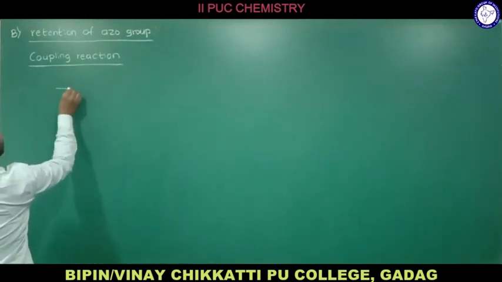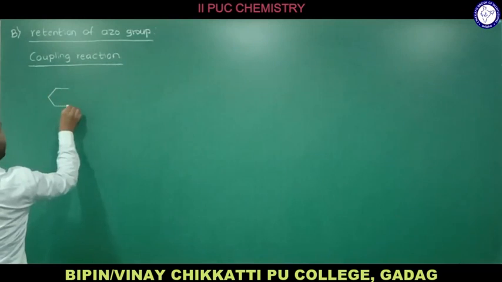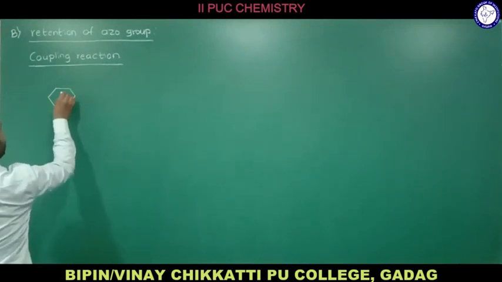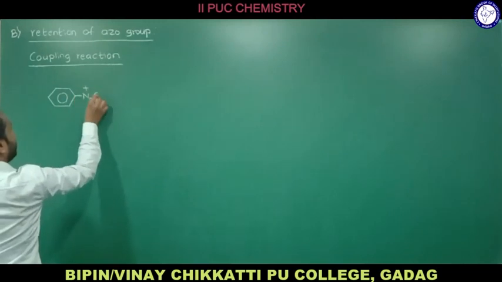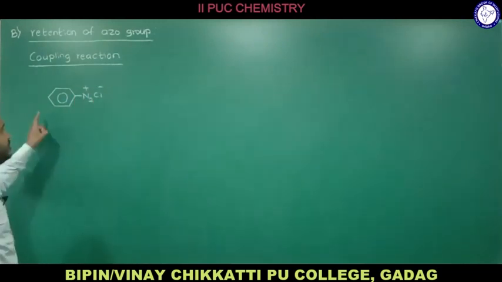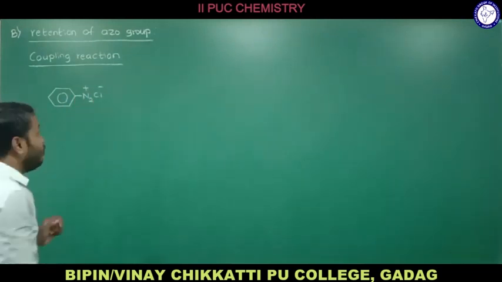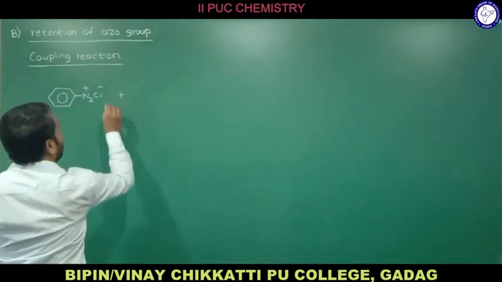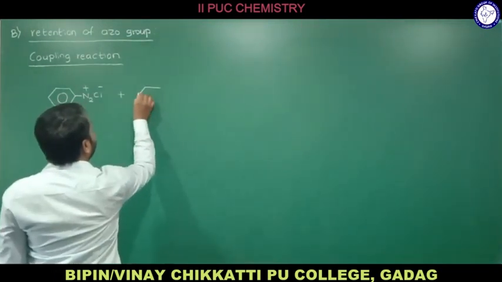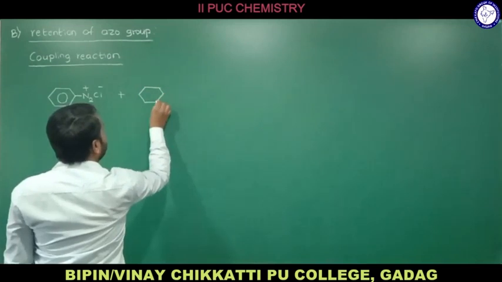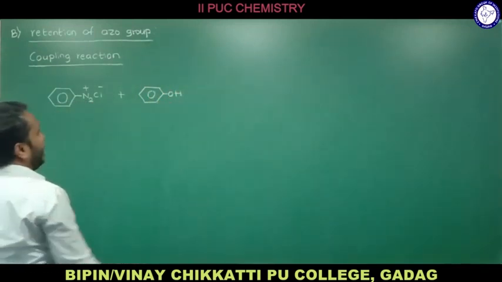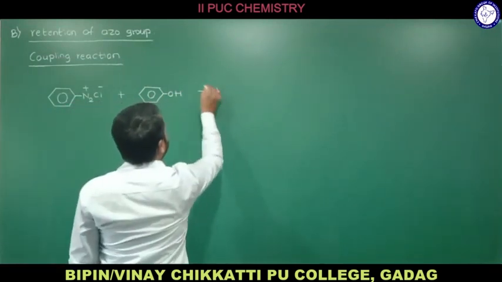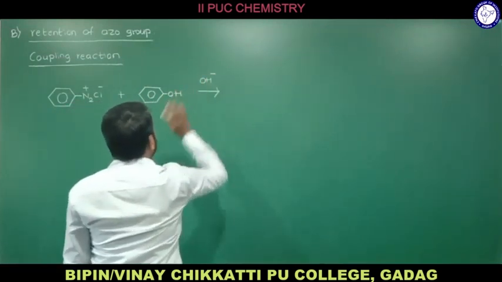Here I am going to consider benzene diazonium chloride. So in this fashion I am going to write here. So this is N2+ and Cl-, benzene diazonium chloride. When benzene diazonium chloride reacts with phenol, a benzene ring with OH, we call it phenol, and in the presence of base, what happens?